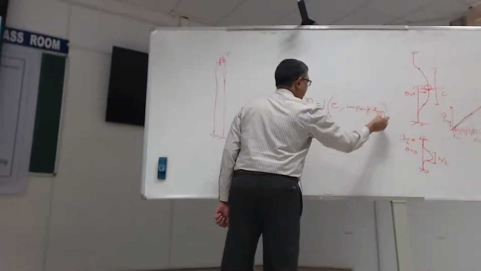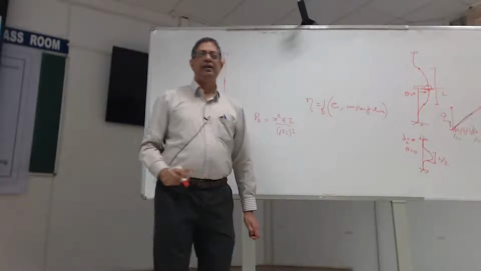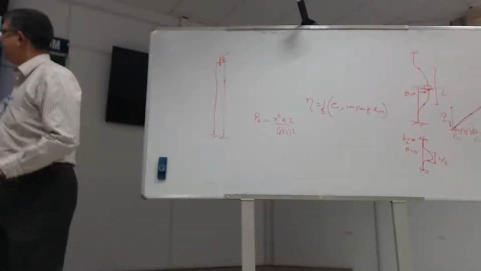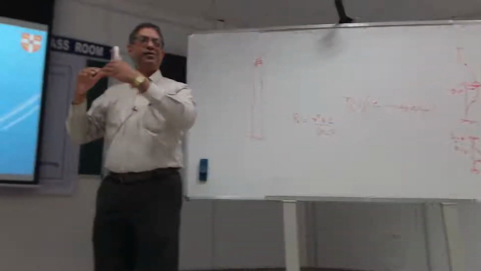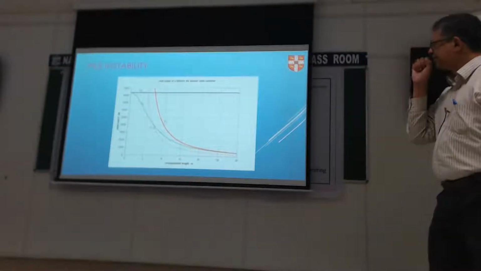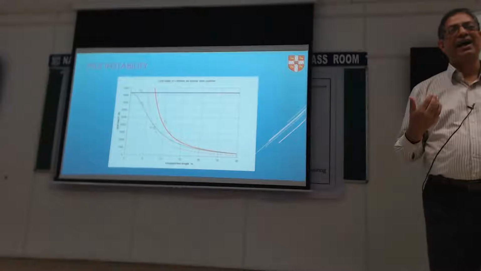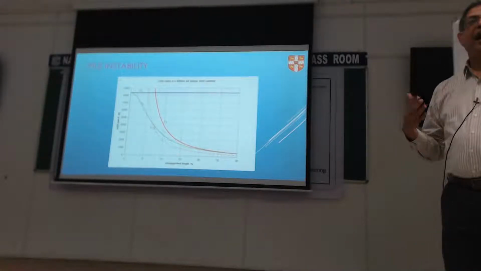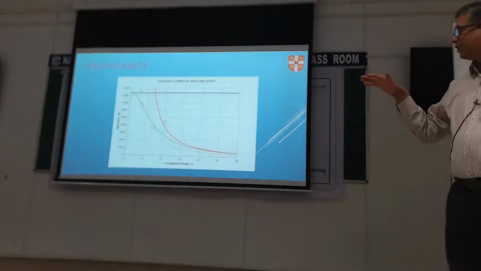If I put all of that into an eta, then I can plot this green line which runs between the two. So the more eccentricity I have, I'll drop my Euler load by that much.